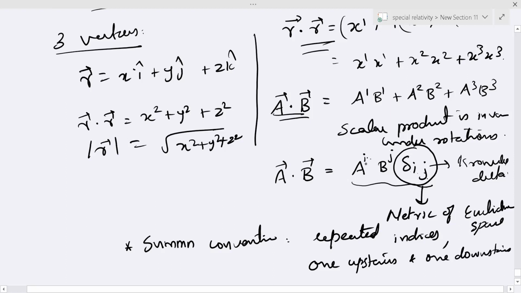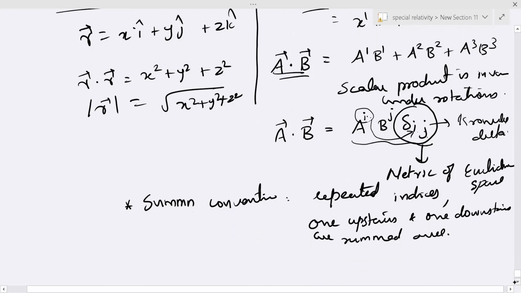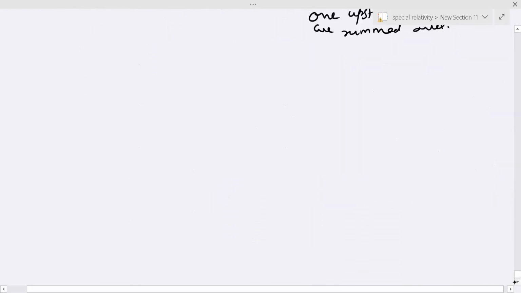You should have one upstairs index and exactly the same index downstairs. Then you have to sum over them all. Clear? Following?